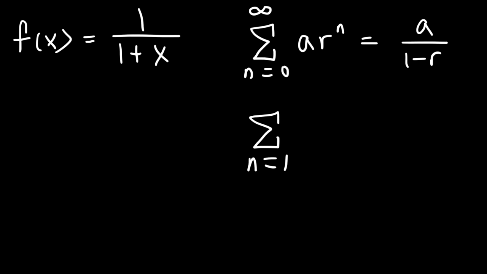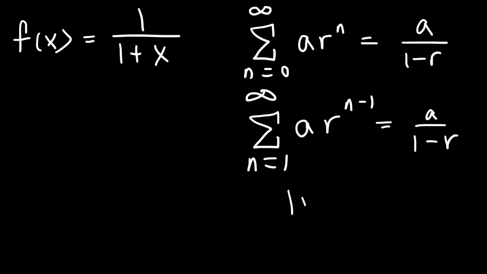So rather than starting at n equals 0, sometimes it may start at n equals 1. In that case, it's going to be in the form a times r to the n minus 1, where a is the first term of the series. And the sum is still going to be the same. Now r is the common ratio. And keep in mind, a geometric series will converge if the absolute value of r is less than 1.